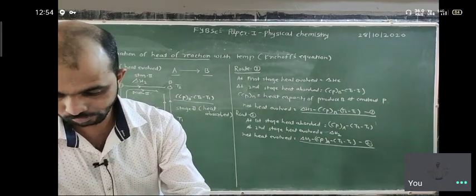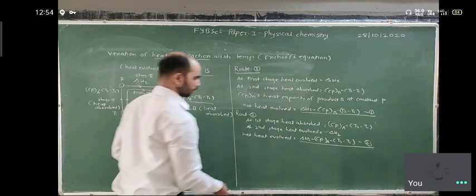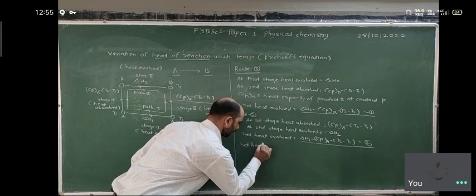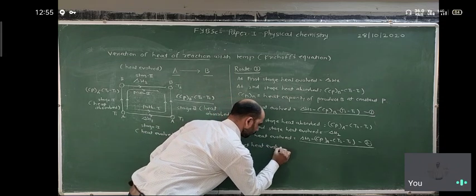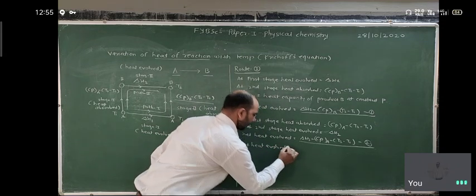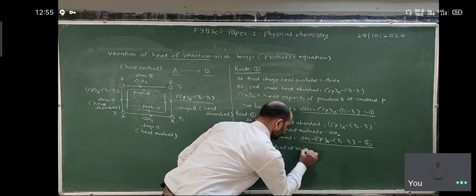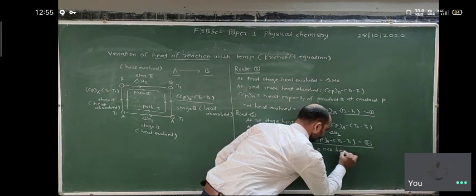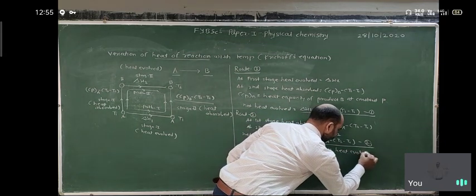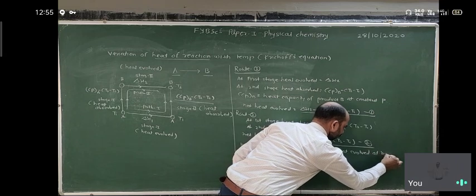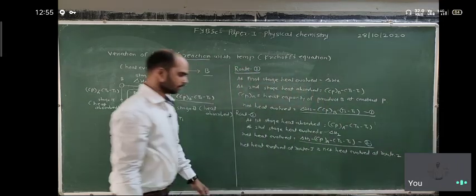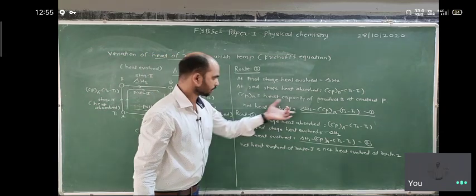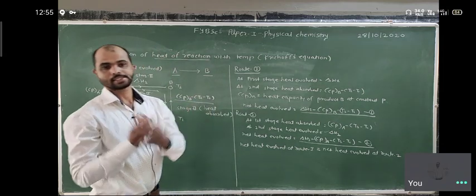So according to the law of conservation, net heat evolved at route 1 is equal to net heat evolved at route second. Net heat evolved at route 1 is always equal to net heat evolved at route second.